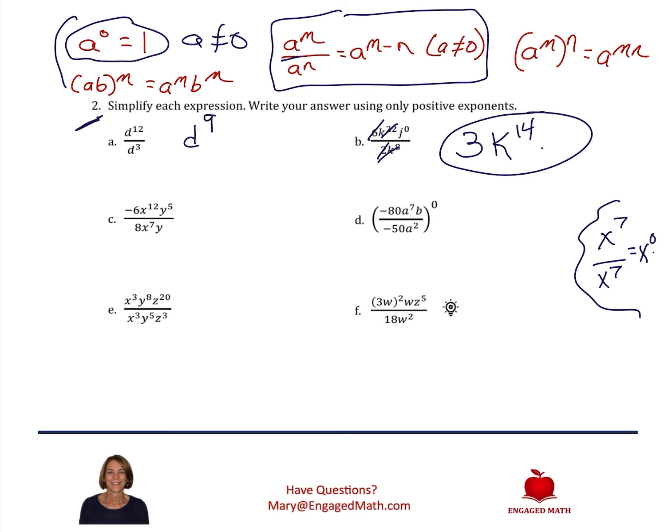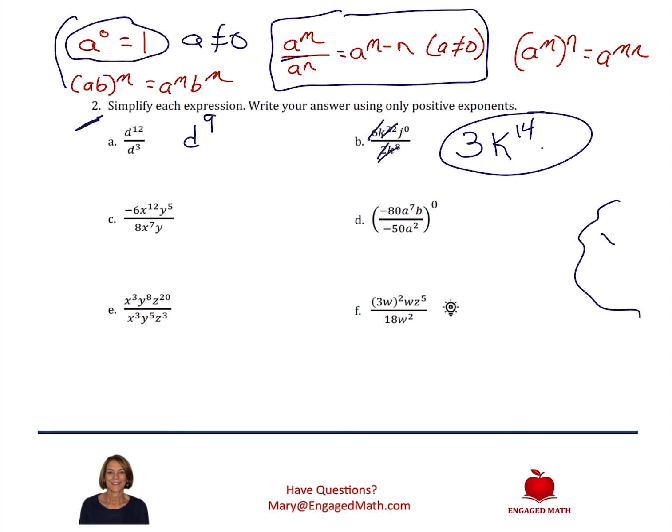The reason that's also equal to 1, which is more simplified, is because anything divided by itself is just 1. So we already knew that x to the 7th over x to the 7th was 1, but this shows why, if we end up with something to the 0 power, we already know the value of it is 1. Okay, hope that clarifies that a little bit.